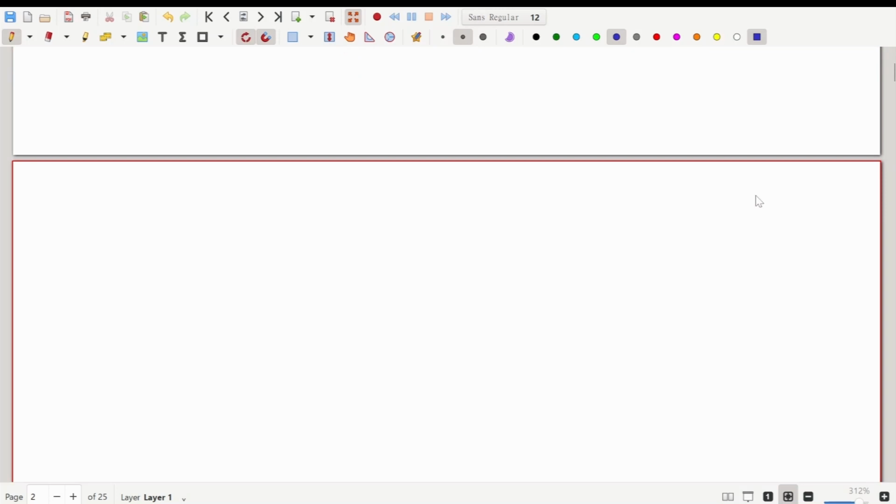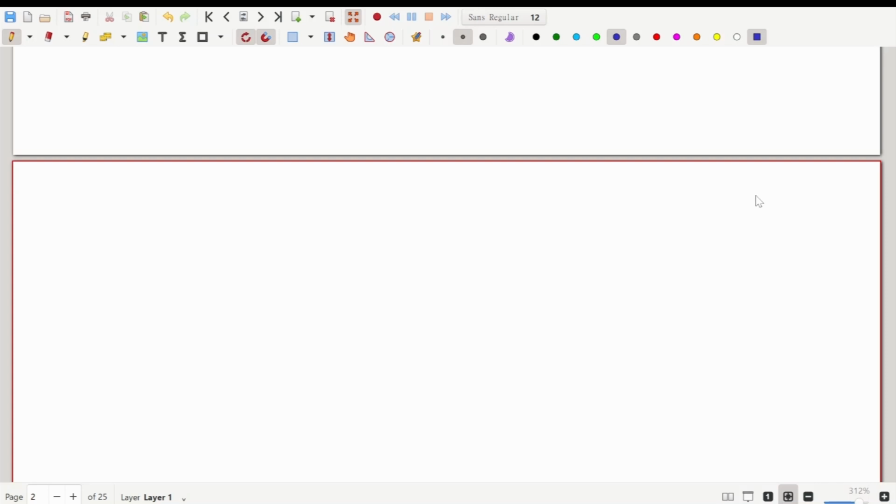Now we will move to the tutorial class, and in this tutorial class we will consider several problems. So, let us start with the first problem regarding the Lagrangian and equation of motion.